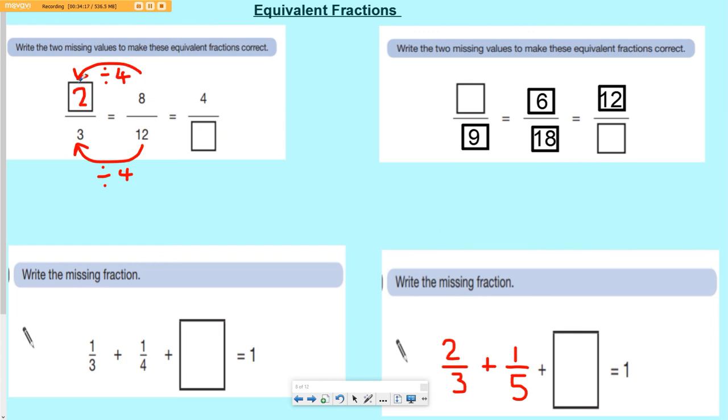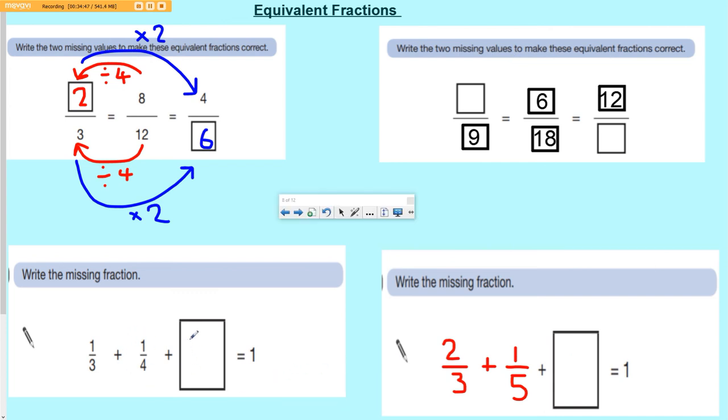Now I'm going to go from here to over there, so I'm going to times here by 2, and I'm going to times this one also by 2, which gives me 2 times 3, which is 6. Now I would like you to have a go at this for me.